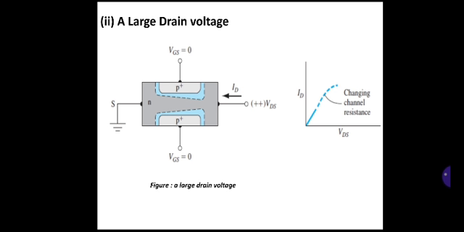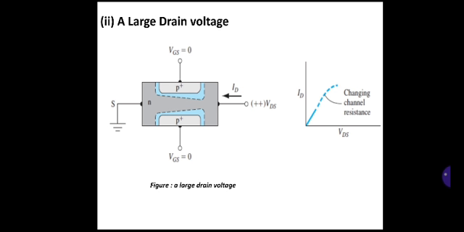You can observe for low VDS, earlier the current ID was increasing linearly, but as VDS increases further, it changes the channel resistance. So the slope gets bent.